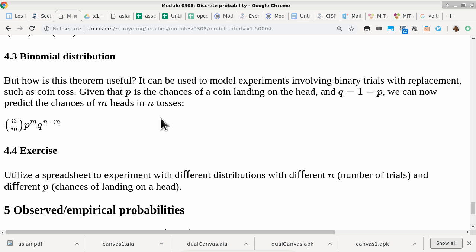And if you assume a 0 also has the same error distribution, which sometimes is not true, but let's make that assumption, then it is a coin toss again, where landing on the head is like, yep, I received what I'm supposed to, and landing on the tail is, nope, I did not receive what I was supposed to.